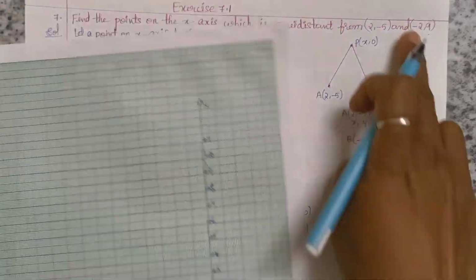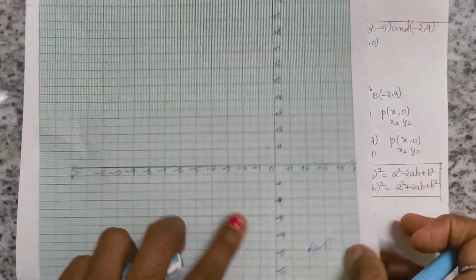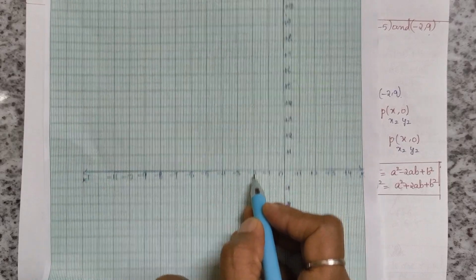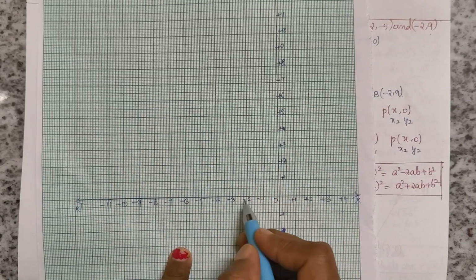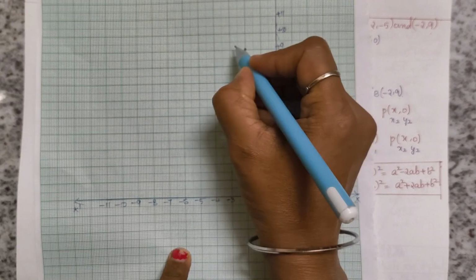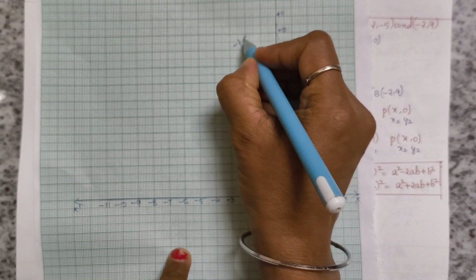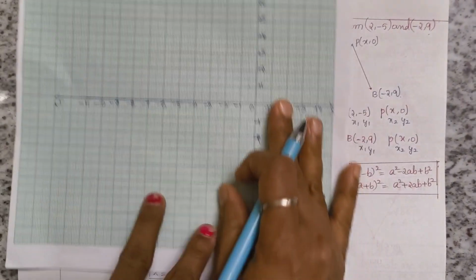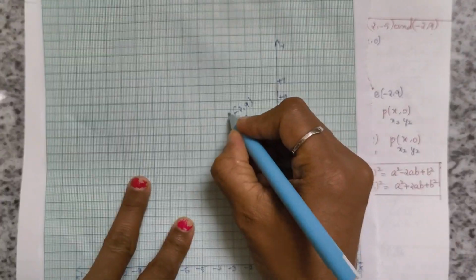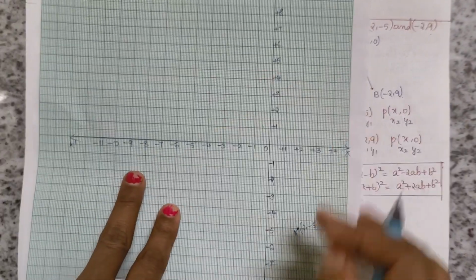Next, one more point, (-2, 9). Where is -2? Here -2 is there. Where is 9? Minus 2 and 9 will come here. So this coordinate we will take as A and this coordinate we will take as B. One name we will give, A and B.